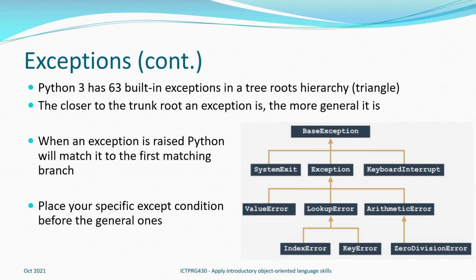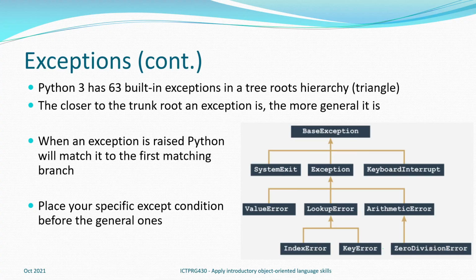So Python has 63 built-in exceptions, and if you look at it, it's like the roots of a tree. You've got the main tap root, and then all your little branch roots that come off of it. So BaseException is the most generic exception that you can match against.